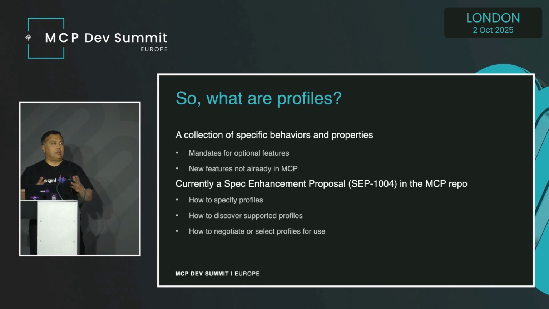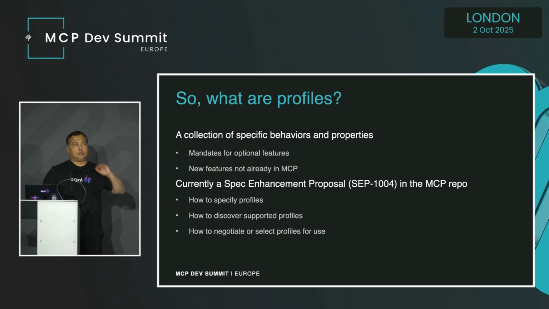So profiles is fundamentally a very simple idea. The idea is that you mandate a certain set of behaviors. You may include certain additional features that are not in the protocol. Where it stands right now is it's a pretty old SEP that was created, I think, in July. And it basically specifies three things. It's very simple.